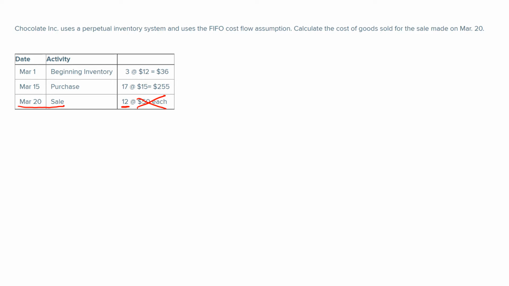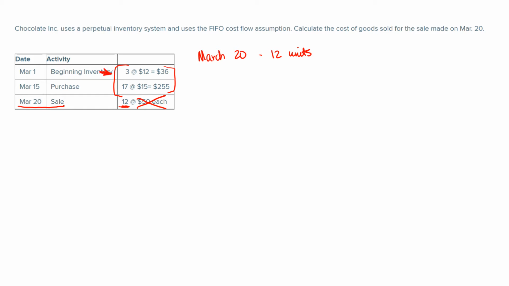So if they sold 12 units, we have to figure out, looking at the units that are available in inventory, what costs do we use to assign to the units that were sold? So March 20th, 12 units were sold. Since this is FIFO, first in, first out, we're going to look at the first units available.